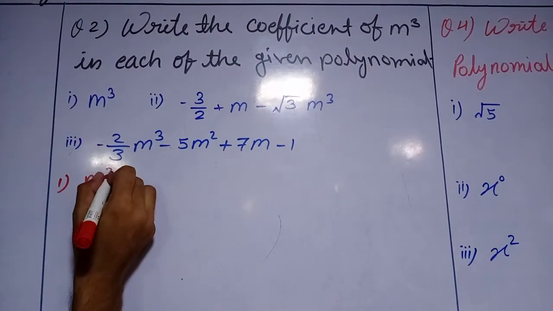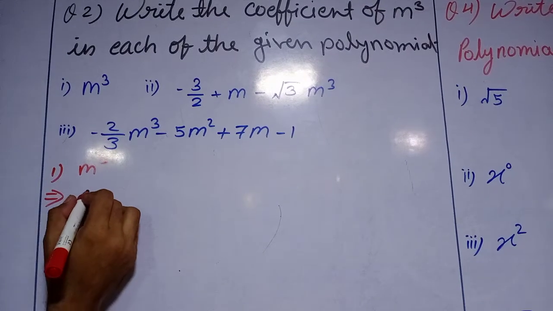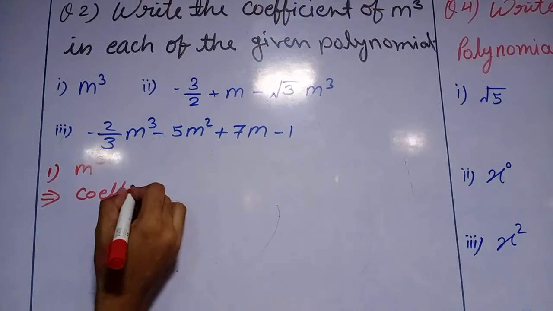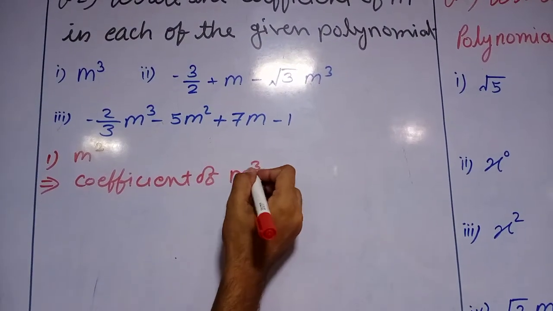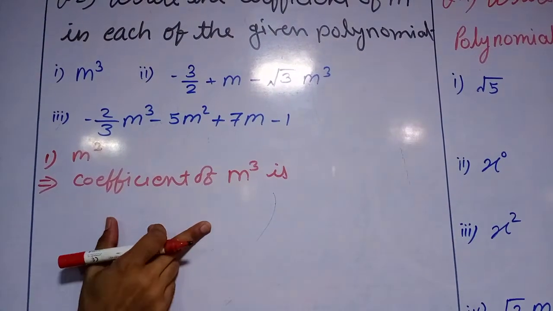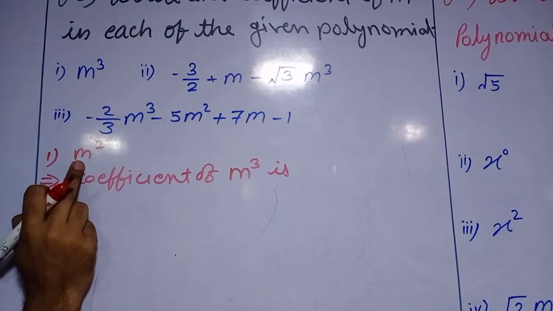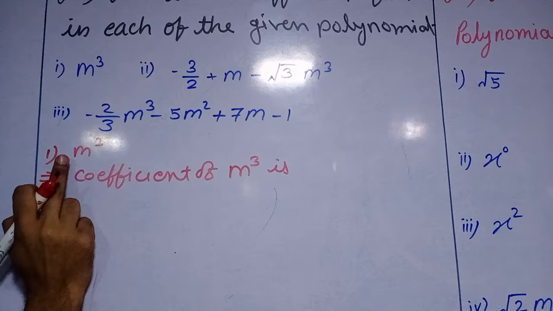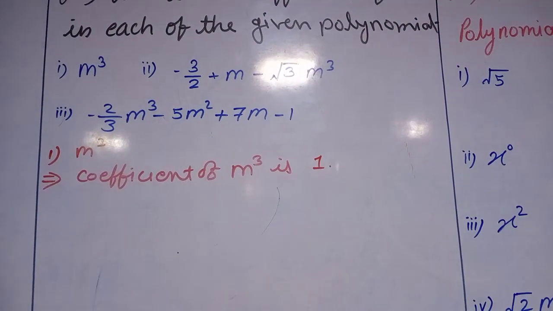The first one is m cube only. So what is the answer of this? Coefficient means the number which is along with the variable. So here we don't have any number, that means 1. So the coefficient of m cube is 1.